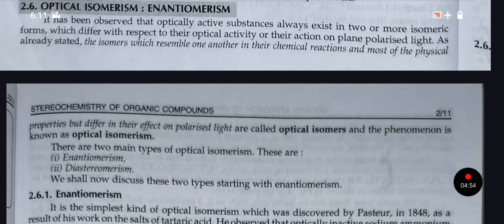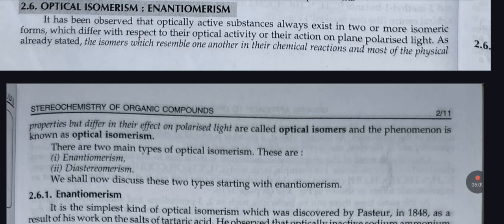Optical isomerism. In enantiomers, it has been observed that optically active substances always exist in two or more isomeric forms which differ with respect to their optical activity or their action on plane polarized light.